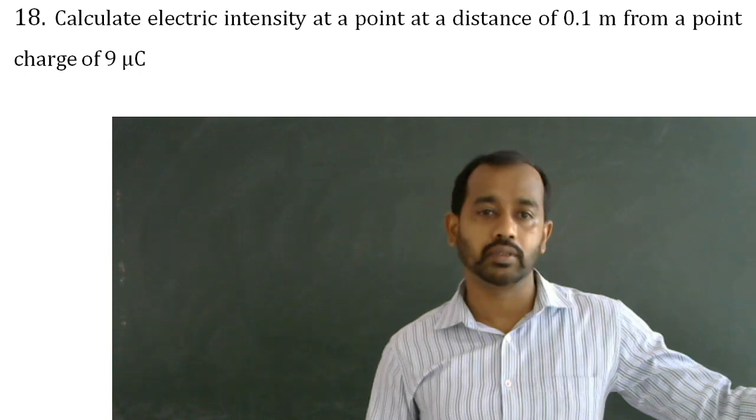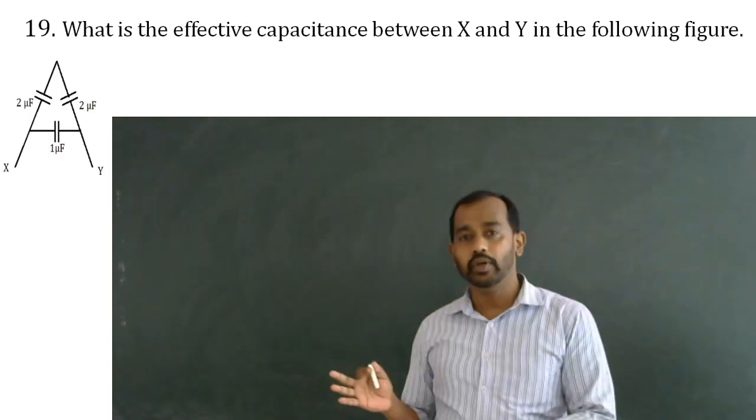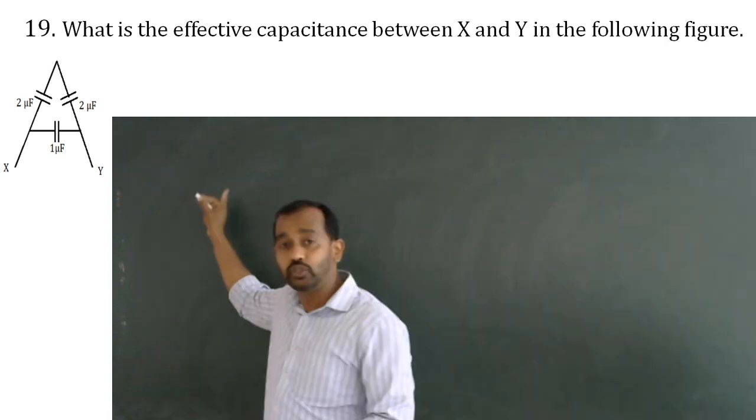Now we are going to solve the 19th problem, where we need to find the effective capacitance between the two points. How are we going to solve it? First, the actual circuit should be redrawn.